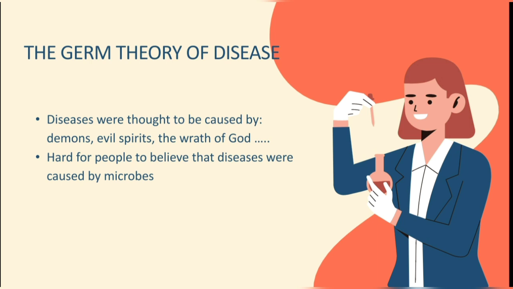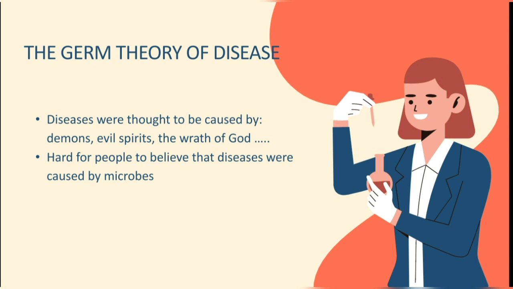Then Bassi theorized that disease in humans and animals was also caused by microorganisms. Bassi's work served to influence Louis Pasteur, who is accredited with the germ theory of disease following his experiments demonstrating the relationship between microorganisms and disease.